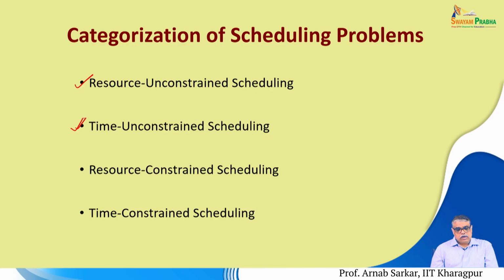You have resource constrained scheduling, where you say that you cannot use more than a certain amount of resources, and among all schedules typically what you try to do is to generate a schedule which takes the lowest time, however ensuring that it does not violate constraints on resource.